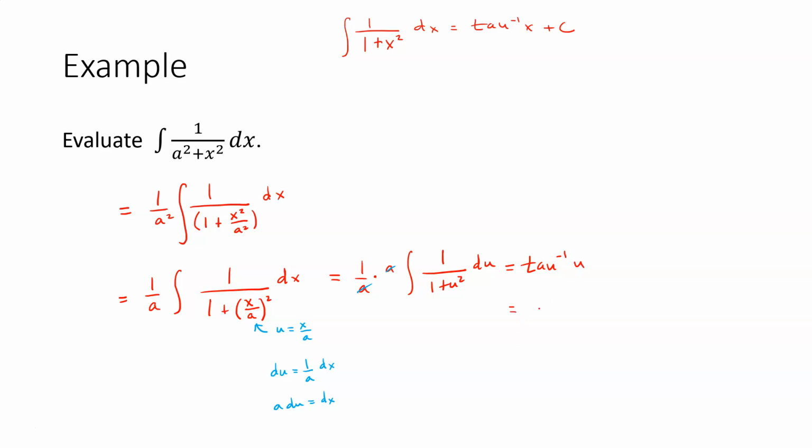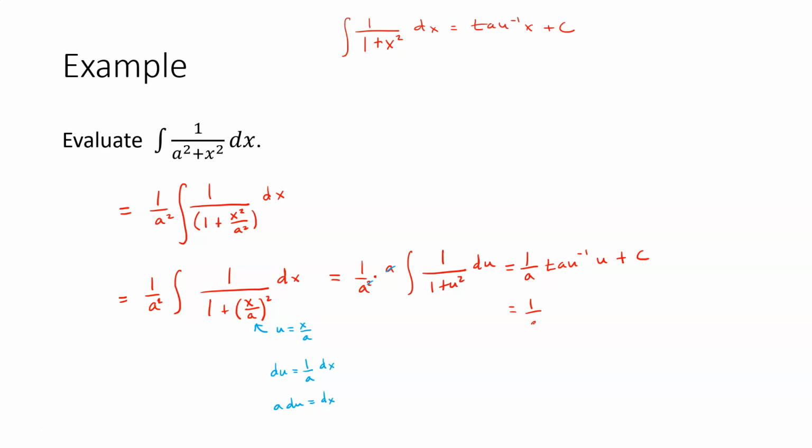Oh, sorry, I messed up here. This should be a squared, and so I should have a 1 over a left over here. Sorry, let me fix that. We just canceled one of those a's, so over here we'll actually have 1 over a tan inverse of u.